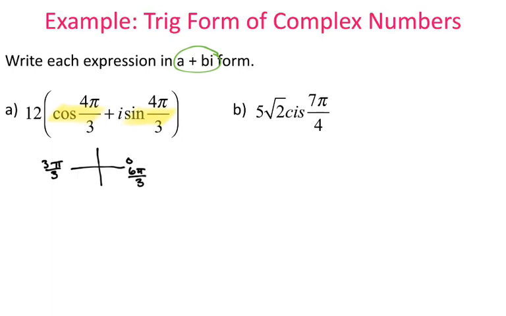And that's going to help me figure out what quadrant to graph 4 pi over 3 in. So 4 pi over 3 is past 3 pi over 3, so that puts my angle over here. So this is 4 pi over 3. I want to find my reference angle, so I want to figure out what this is. I am 1 pi over 3 past 3 pi over 3. So there's your reference angle.